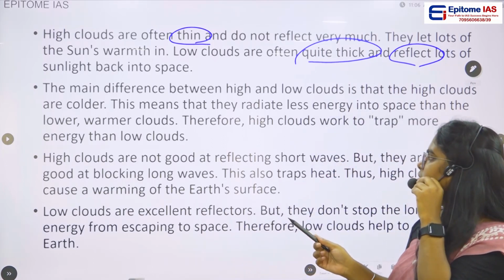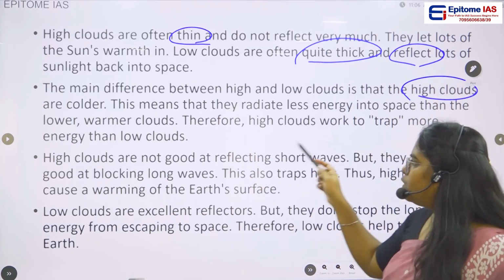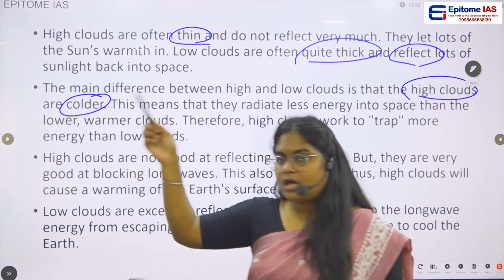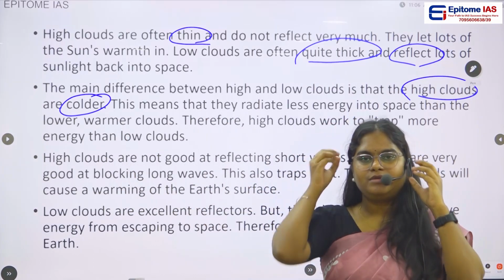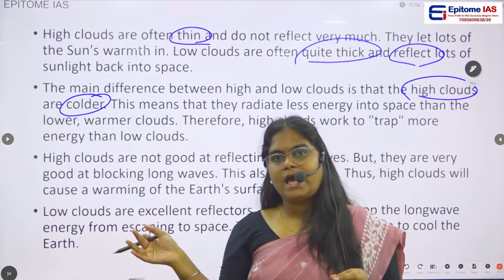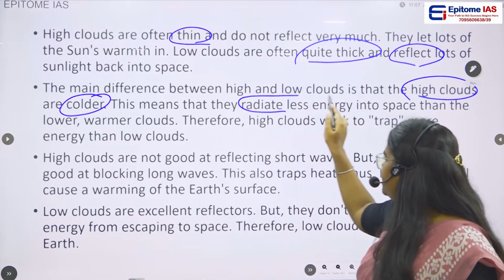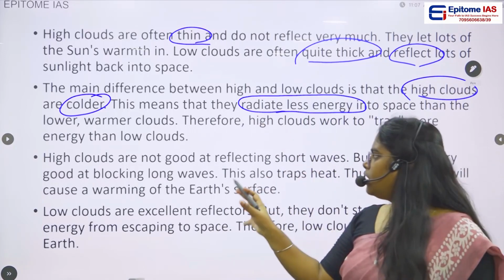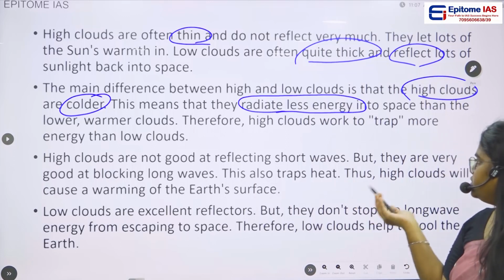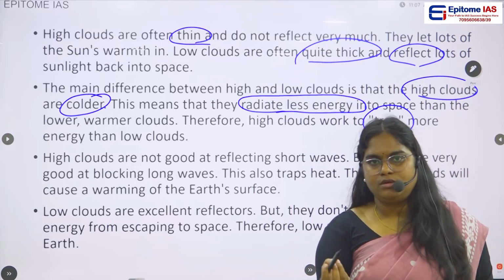The main difference between high and low clouds is that the high clouds are colder. Clouds at a higher altitude are much colder than clouds at a lower altitude. So they radiate less energy into space than the warmer clouds, and therefore the high clouds trap more of the energy than the low clouds.